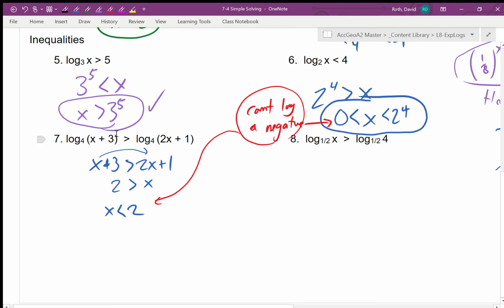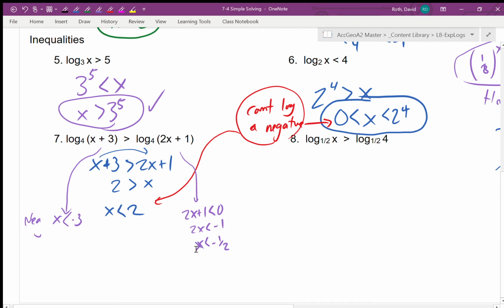Which one of these drives it? Well, what value would make this one be negative? This is negative when x would be less than -3, right? And this one would be negative when, I'll just solve it out, if 2x plus 1 is less than 0, so 2x is less than -1 and x is less than -1/2.